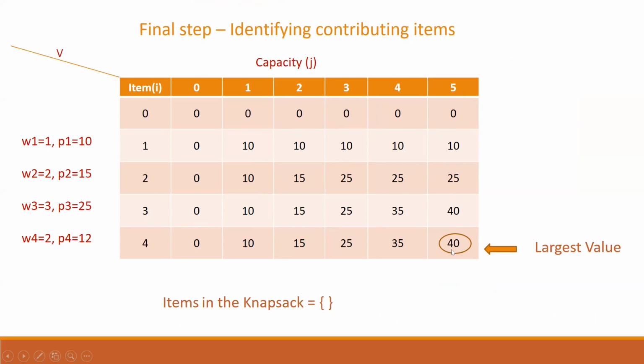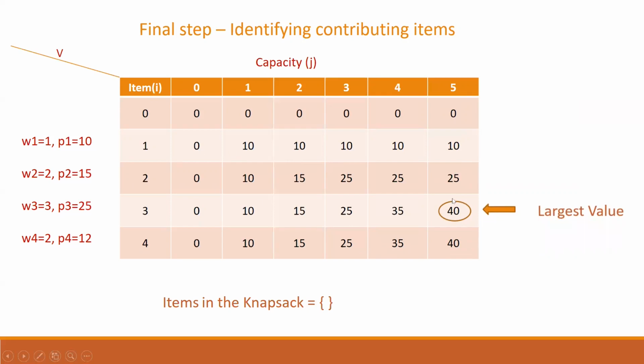So here 40 is the maximum value. Check in which row the 40 is present. Here the 40 is present in this row and also in the previous row. So that means item 4 is not at all contributing.